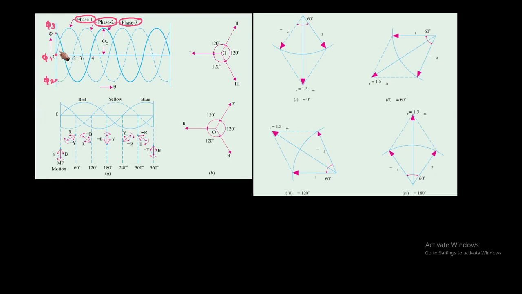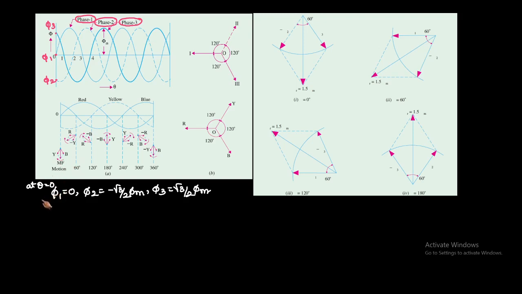At theta equal to 0, phi 1 is 0, phi 2 is a negative value, minus root 3 by 2 phi m, and phi 3 is a positive value, root 3 by 2 phi m. So at this instant the phases have different values of flux.